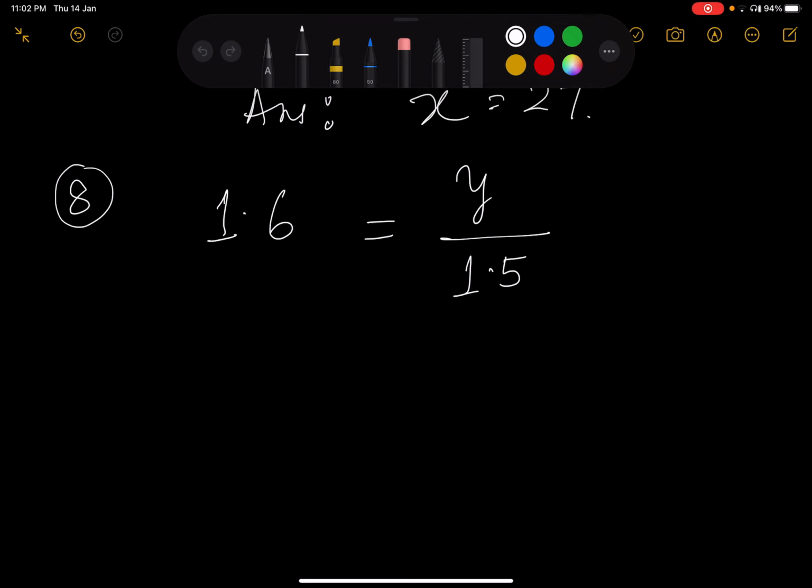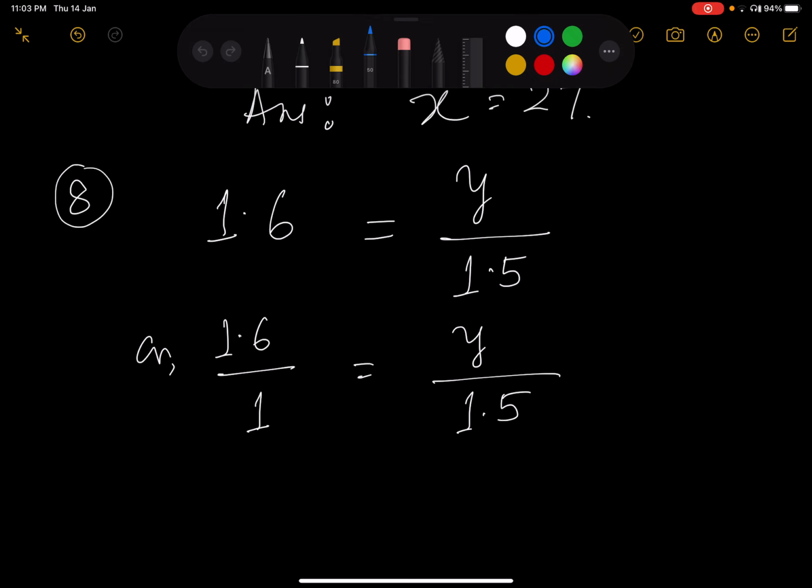So here also the same thing, that is 1.6 we can write 1.6 by 1 is equal to y by 1.5, or you cross multiply this like this, 1.6 into 1.5, 1 into y.